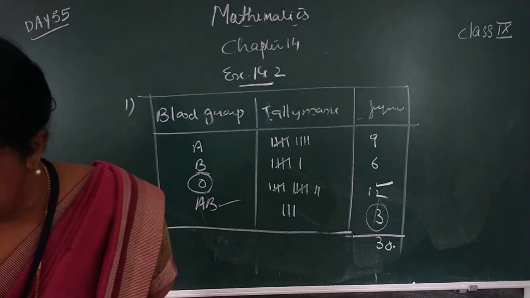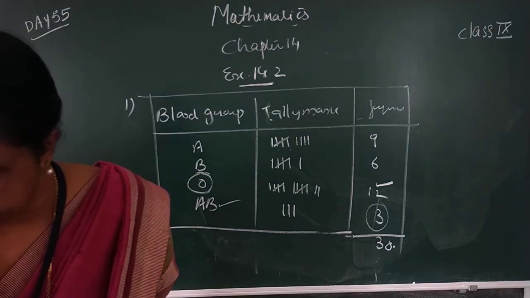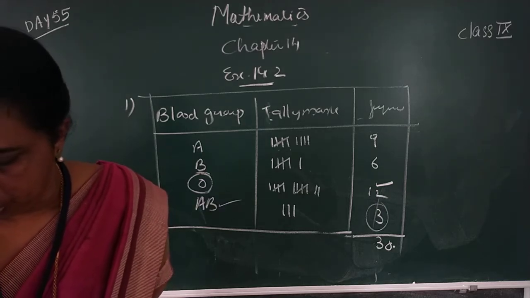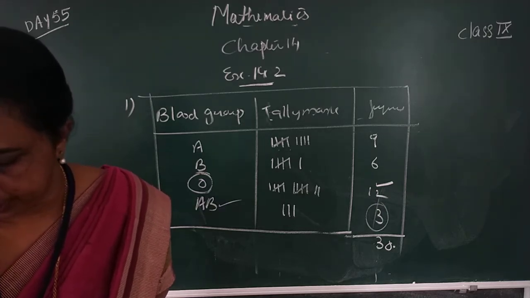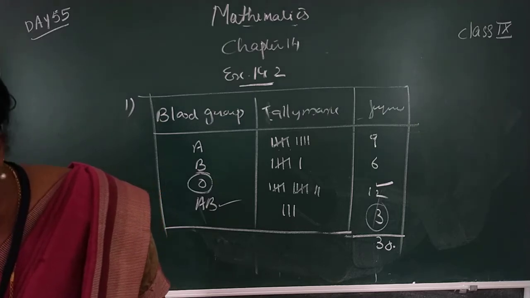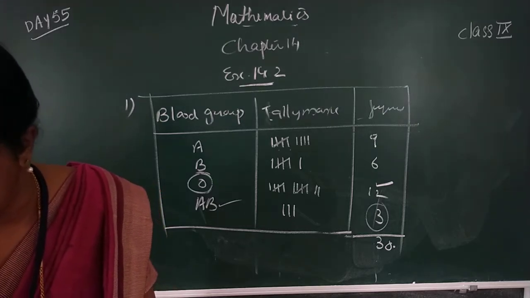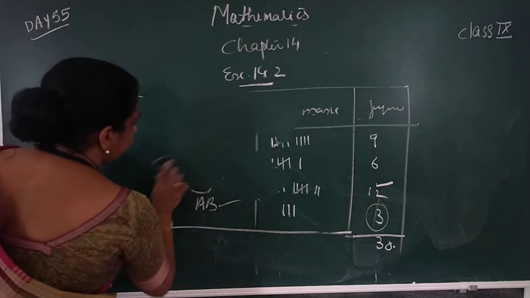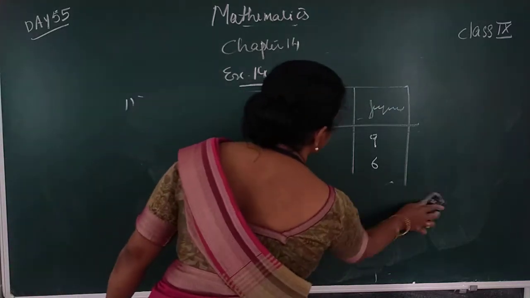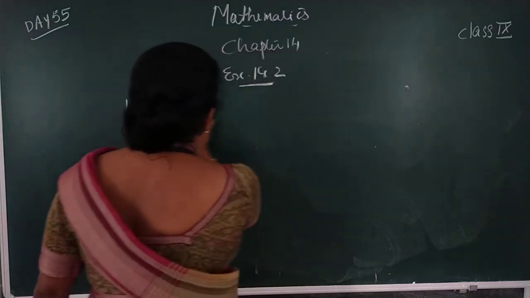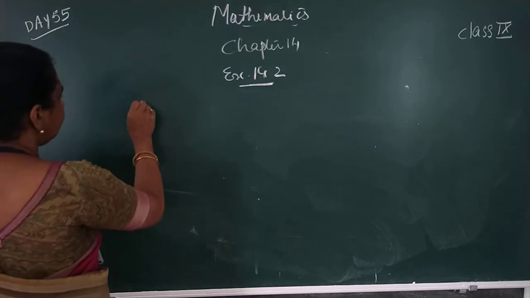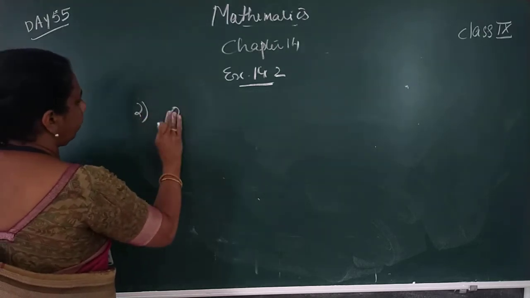What main features do you observe from this tabular representation? Prepare a grouped frequency distribution table, and one class interval is given, that is 0 to 5.